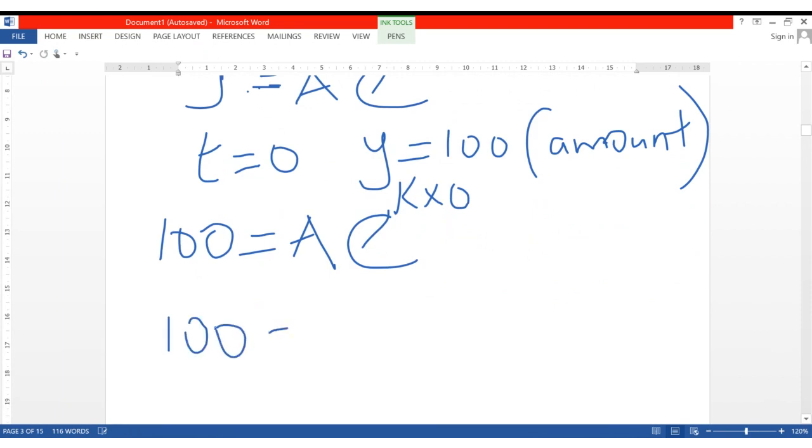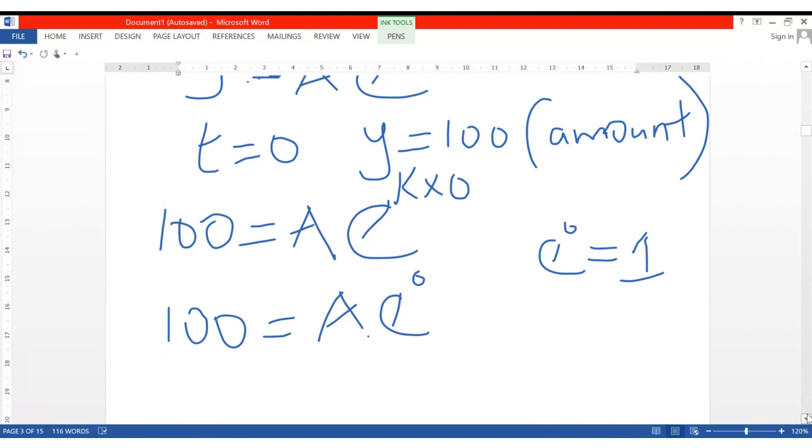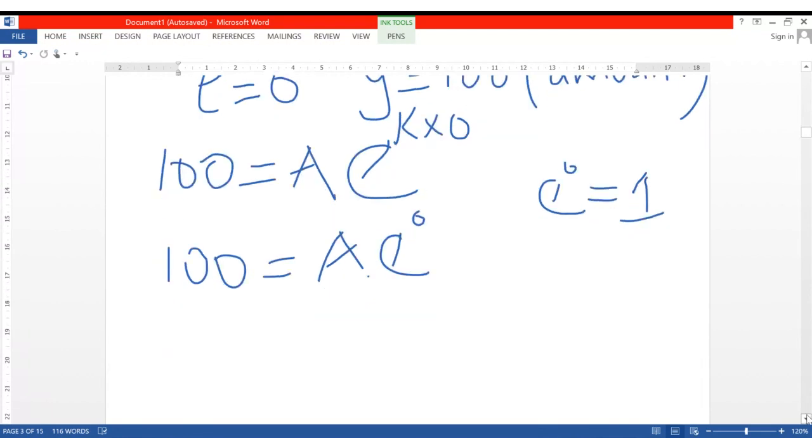So I'll get a exponential 0. But you know, any number raised to power 0, e exponential 0, is the same as 1. Laws of indices. So instead I'll have 100 is equals to a times 1.